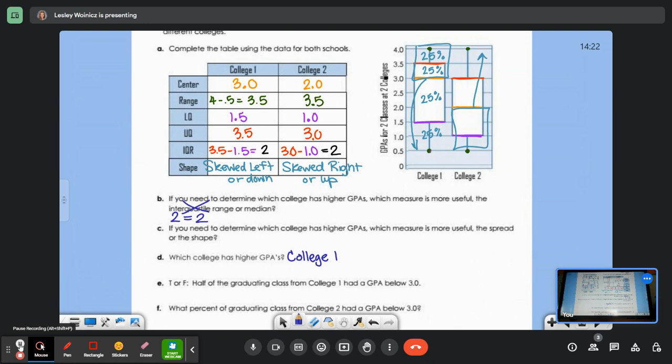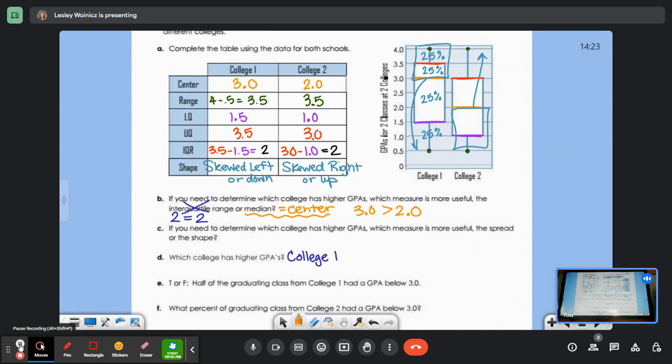Okay, which college has the greater median? Which one has the higher median, which is the center? Okay, maybe we need to write that word down. Okay, the median is the center. Okay, so one of them has a center of 3.0, which is greater than a center of 2.0.